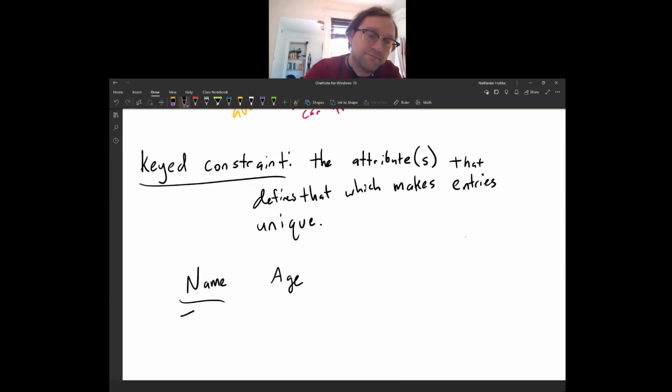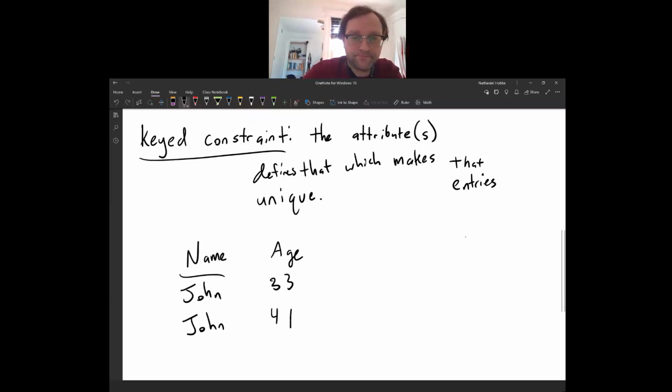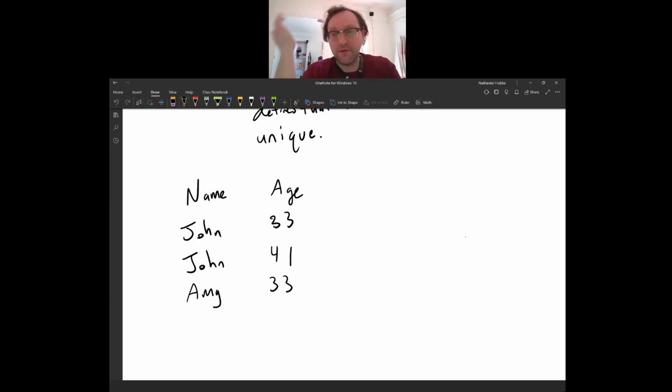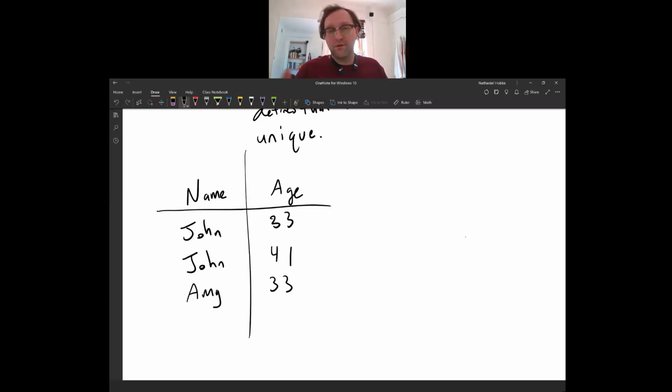For example, these are the entries. Name is one column, age is one column. We have 3 points or 3 entries.